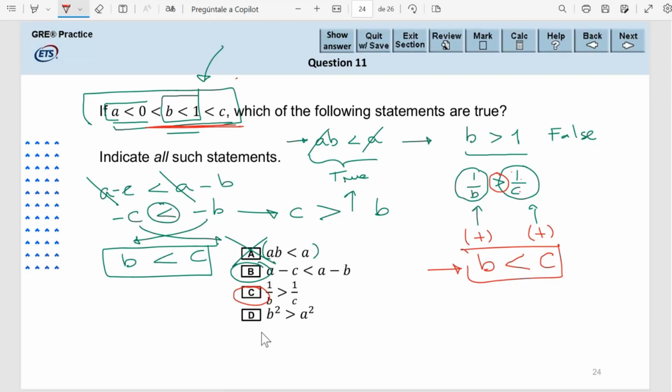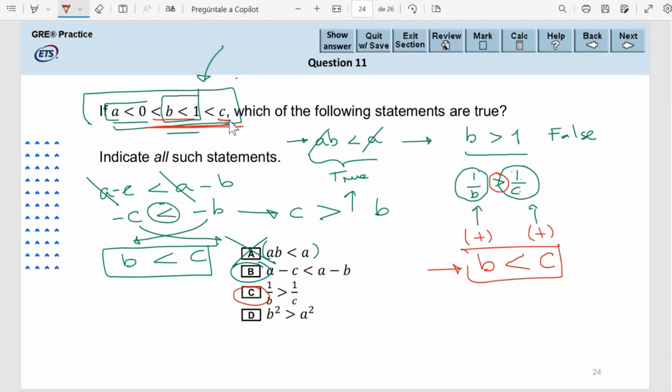What about the last one? B squared is greater than A squared. Can we conclude something about this? So notice something interesting. B is a number, a decimal between 0 and 1, a positive decimal.